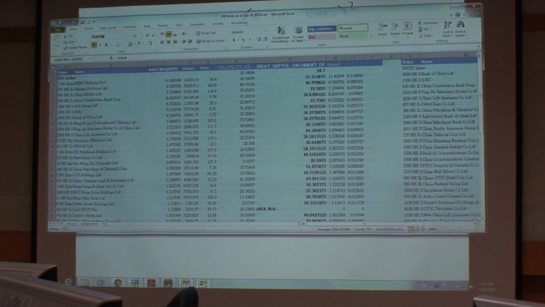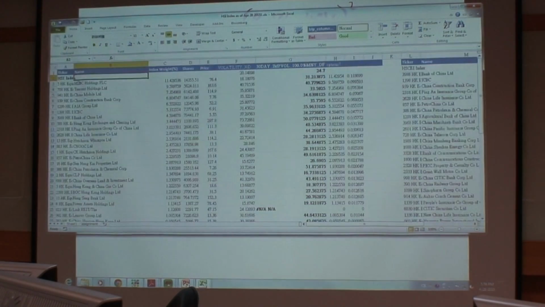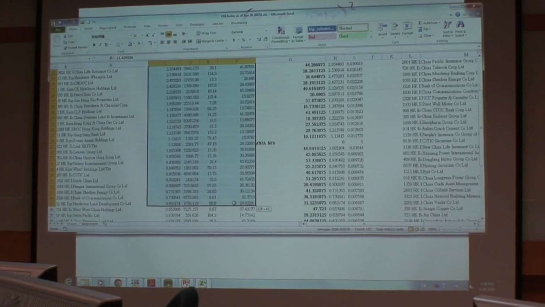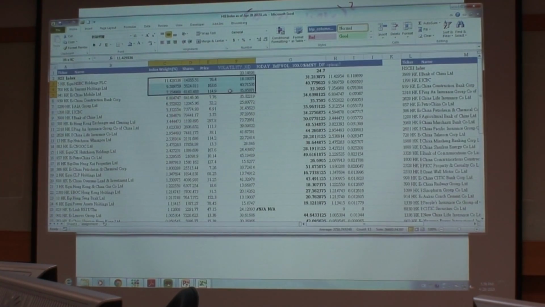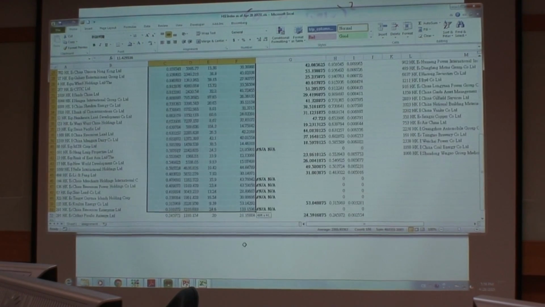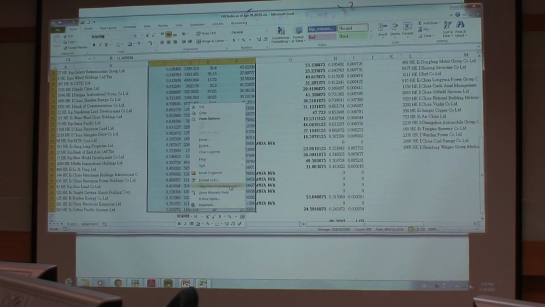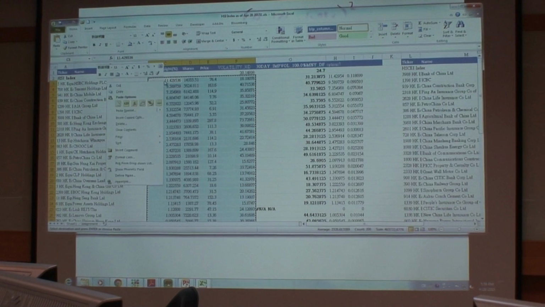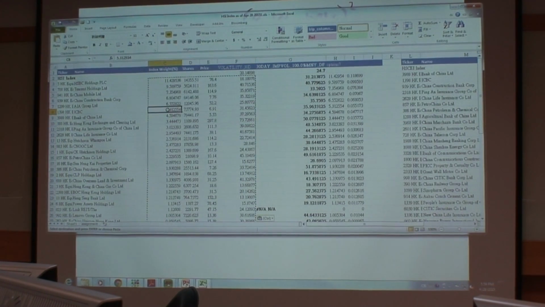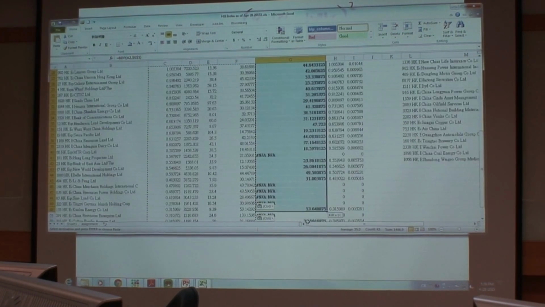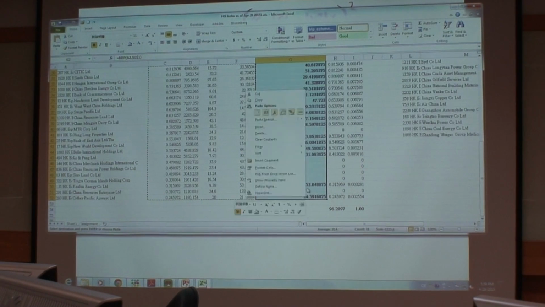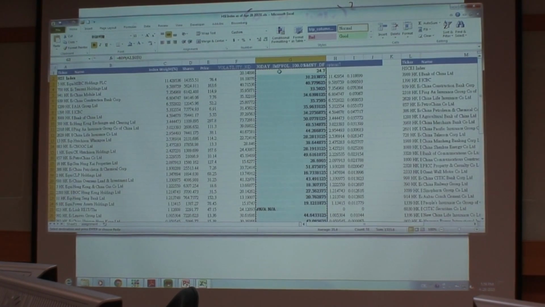One thing I'm going to do, I'm going to hard copy the weights, I'm going to hard copy all the Bloomberg data, because if you upload this file from another computer, the Bloomberg link might not work. Copy. Paste special.